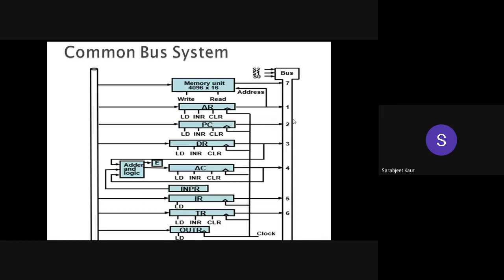Its contents are simply placed on the bus. Clear? So if I say 2, then the PC's contents would be put on the bus. If I say 5, then the instruction register's contents would be placed on the bus. Is this clear or not? Yes, ma'am.